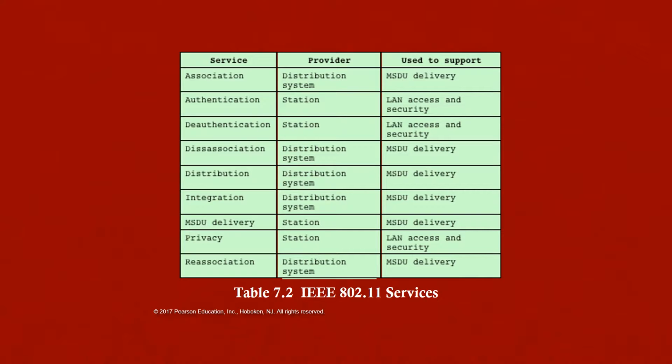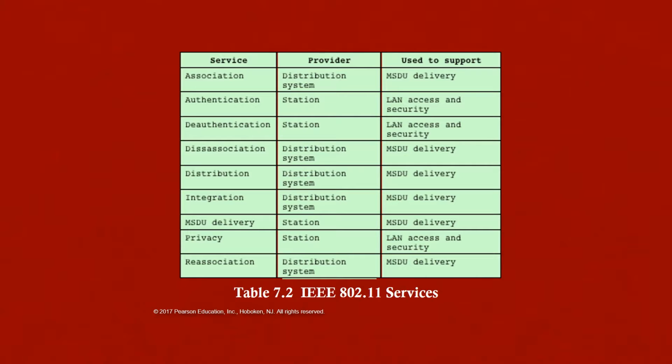2. 3 of the services are used to control IEEE 802.11 LAN access and confidentiality. 6 of the services are used to support delivery of MSDUs between stations. If the MSDU is too large to be transmitted in a single MPDU, it may be fragmented and transmitted in a series of MPDUs.